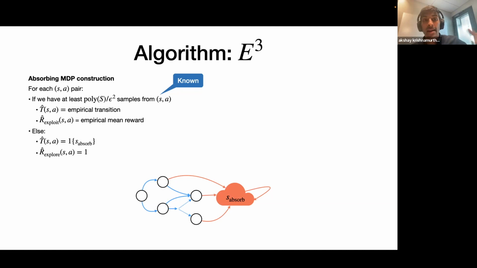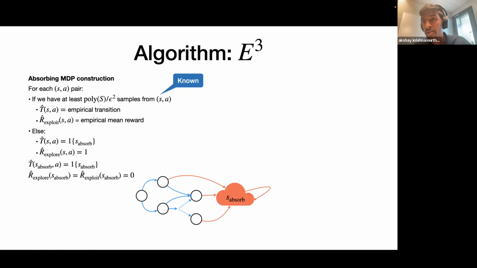So my estimate for the transition operator, which is going to be totally wrong, is going to just say go to the absorbing state. And I'm going to set up the exploration reward to give you a reward of 1 if you are at this state and you're taking this action. Then I'm going to make the absorbing state loop on itself, and set the reward for both the exploration and the exploitation reward for the absorbing state to be 0.